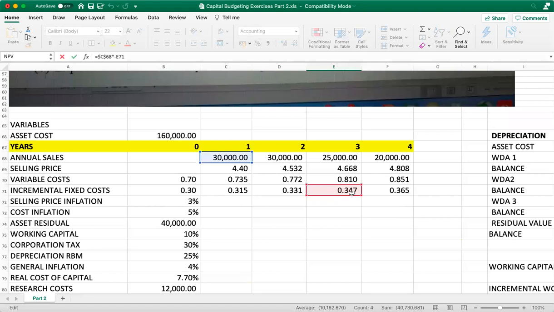If they were not incremental, what I would have done is to take 30,000 and multiply by the incremental fixed cost per unit. So whether the number of units go down or not would have kept our figures constant. But because it is incremental, what we are fixing is annual sales, yeah, annual sales for year 1. And then we let it vary with the cost per unit.